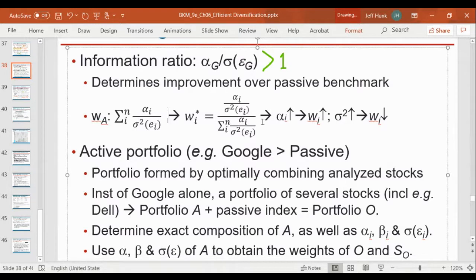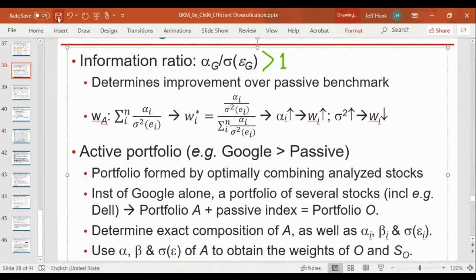In other words, the higher the information ratio, the greater the weight of this particular stock in the active portfolio.